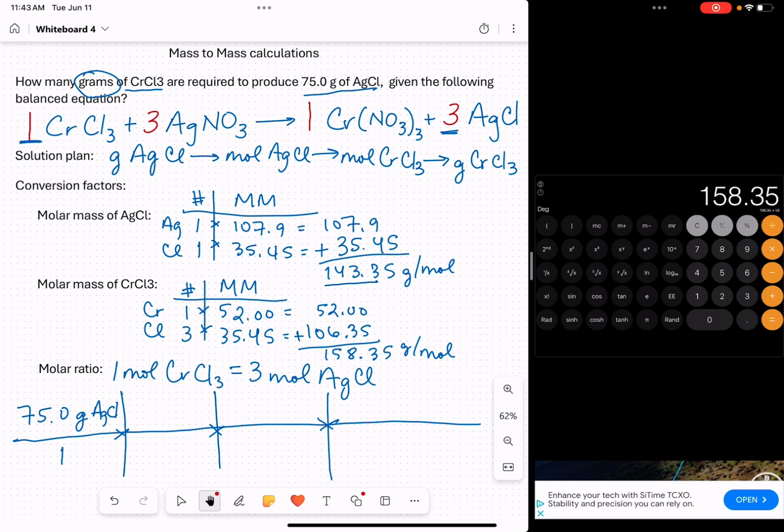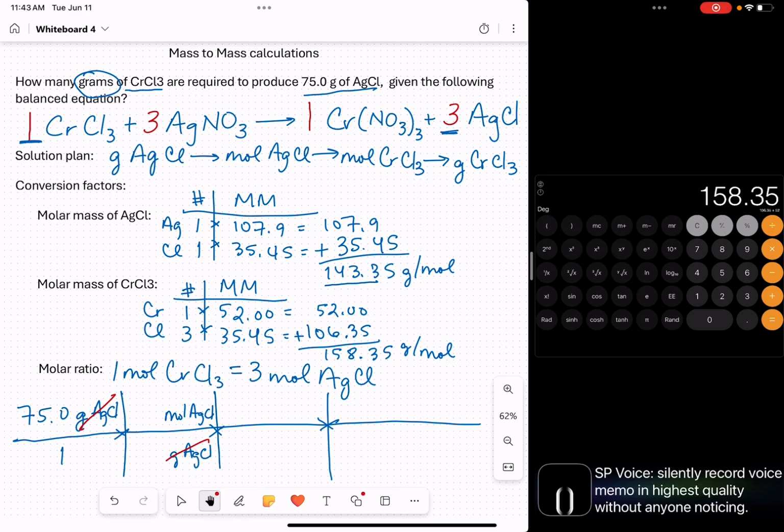I'm going to put a 1 here. I'm first converting that to moles of silver chloride using the molar mass. So that takes care of grams of silver chloride being canceled out.